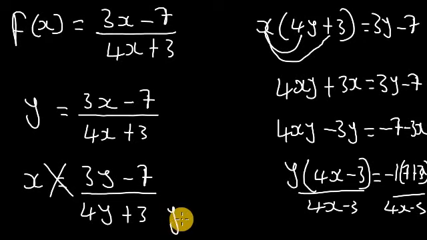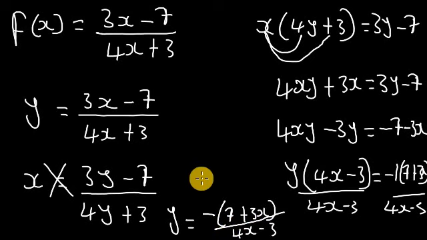Then I should have the value of y equal to negative 7 plus 3x, all divided by 4x minus 3. As we have been doing so far, I'm going to replace y with f inverse of x.